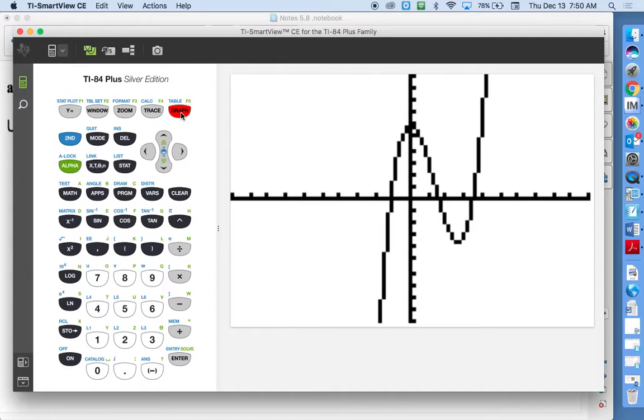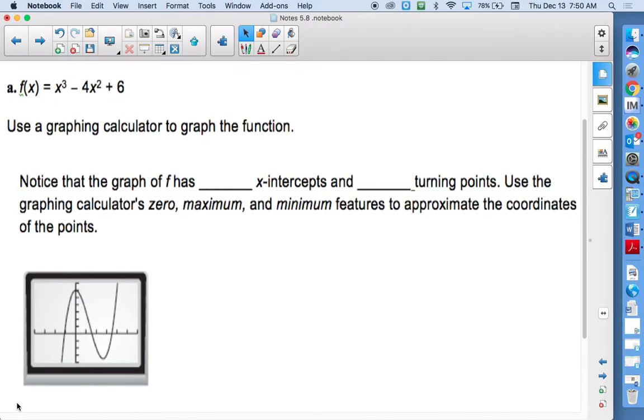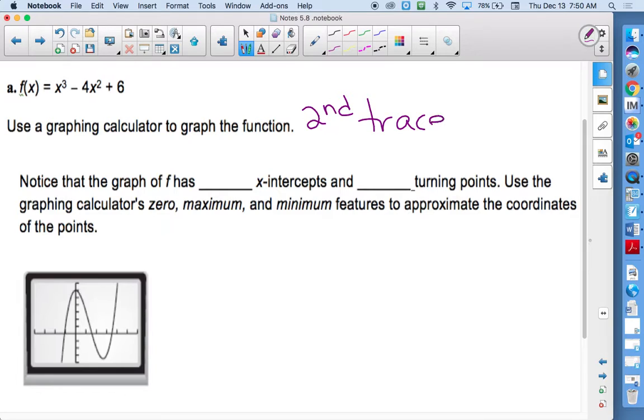So if you hit the second, and we're doing the trace again. So that second trace we use for max, we use for min, and we can use for an x-intercept. So if you want to remind yourself, back here, we're hitting second trace, and then we are using the 0 function. So the calculator, that second trace, we'll use that a good bit.